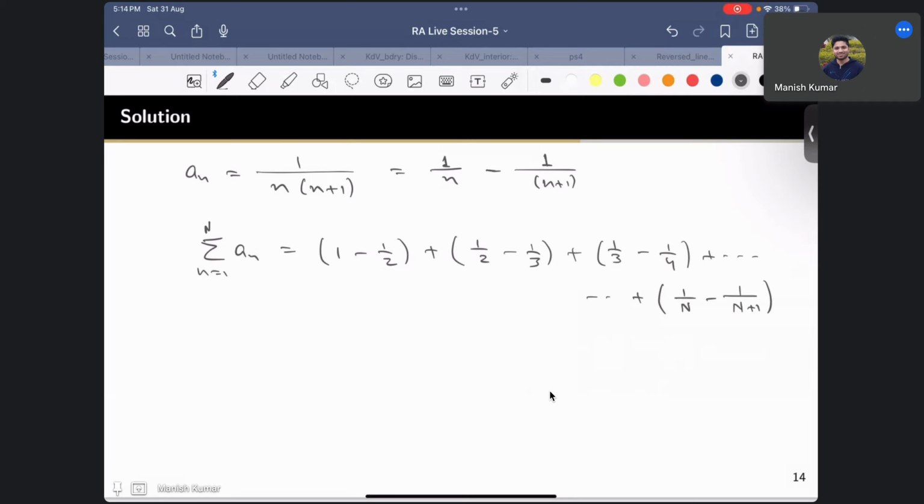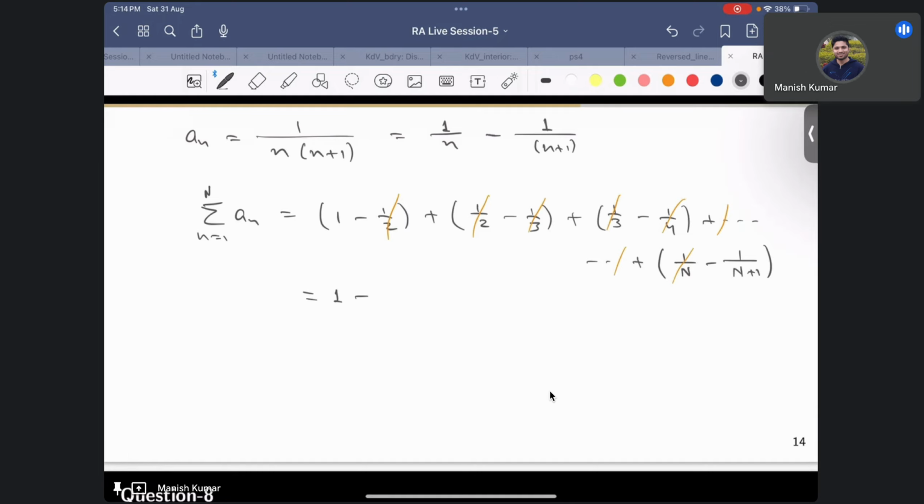Right, again there will be a cancellation, so 1 by 2 and so on, there will be some term which will cancel this. So ultimately what you get is 1 minus 1 by N plus 1. Now just take the limit.